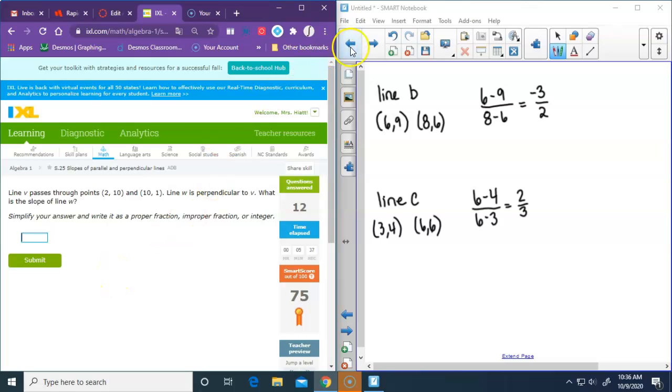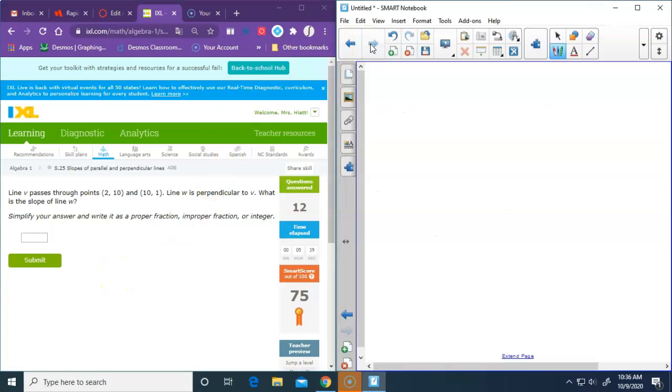Okay. This next question says that line V passes through (2, 10) and (10, 1), and W is perpendicular to V. We want to know the slope of W. Before we can find the slope of W, we've got to find the slope of V. So we would do 1 minus 10 over 10 minus 2, which is going to give us negative 9 over 8.